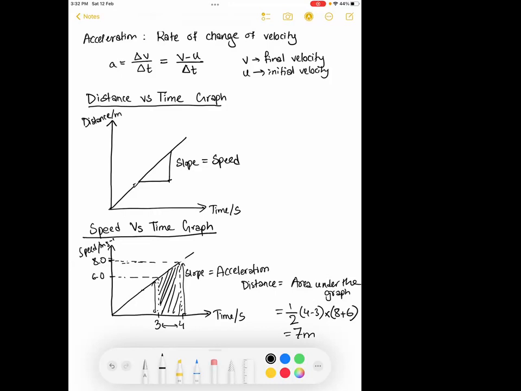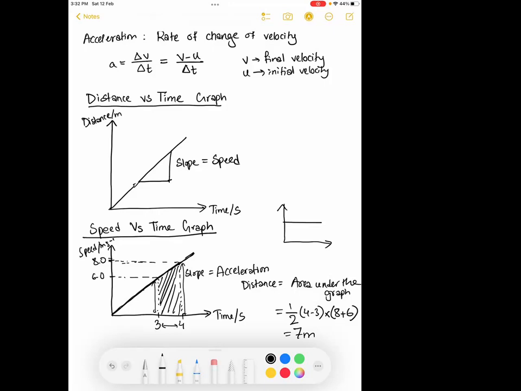Next, now when you see a straight line that actually has a slope, you know that the acceleration is constant, right? Because the slope of this line is constant. What if you have something like this, a flat line?